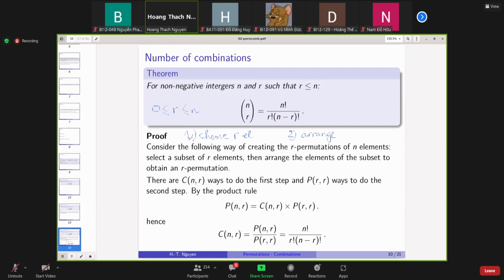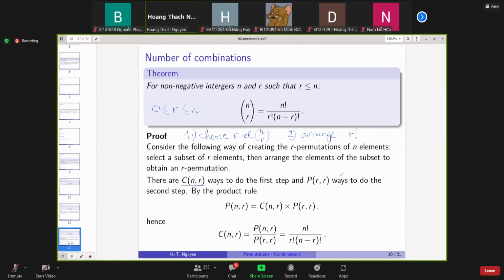The number of ways to do step one is, by definition, the number of r-combinations of this set, so it is n choose r. For the second step, since we already have r elements and we want to arrange them, there will be r factorial ways to arrange them.